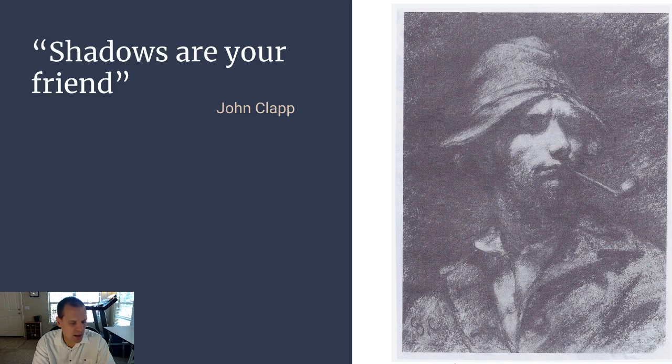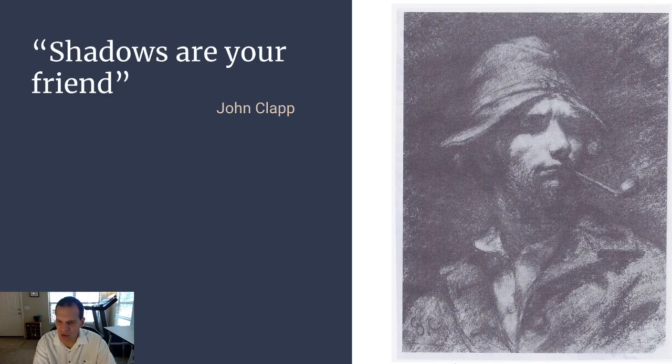This is a drawing from an artist named Gustave Courbet, and obviously we can tell what it is. It's a picture of a person's head. It's actually a self-portrait of this artist, and something we can take note of in this drawing is that the shadows are describing the form for us.